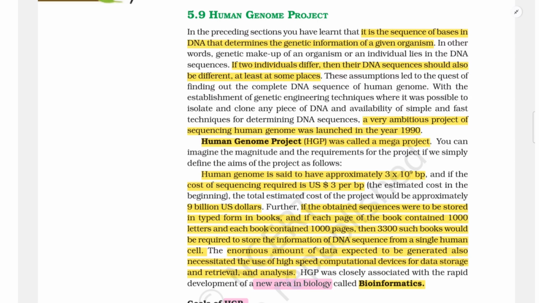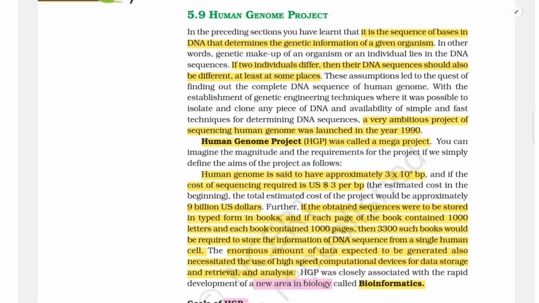With the establishment of genetic engineering techniques where it was possible to isolate and clone any piece of DNA, and availability of simple and fast techniques for determining DNA sequences, a very ambitious project of sequencing human genome was launched in the year 1990. Human Genome Project, HGP, was called a mega project.